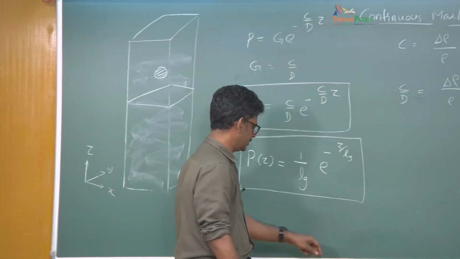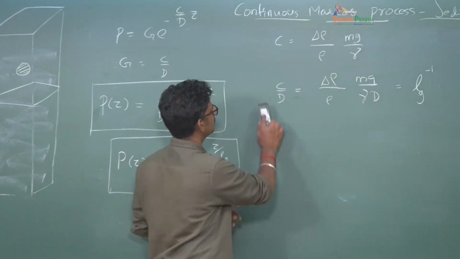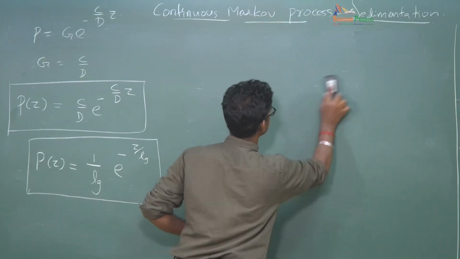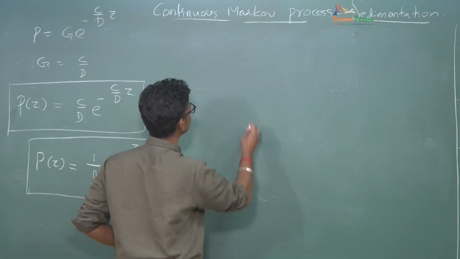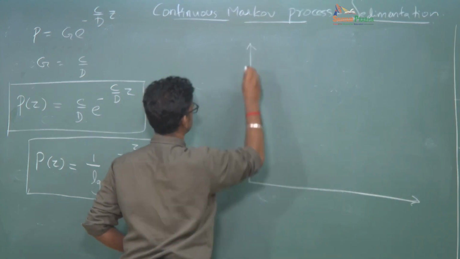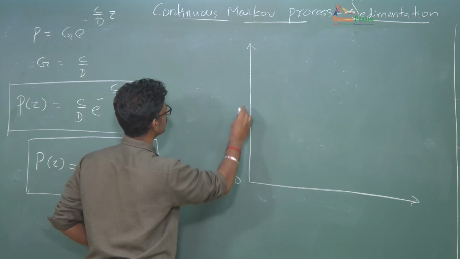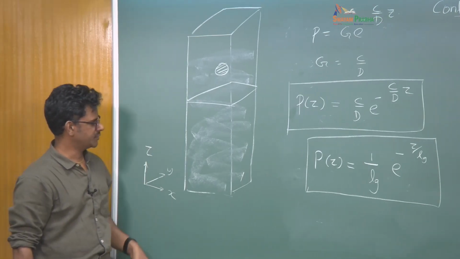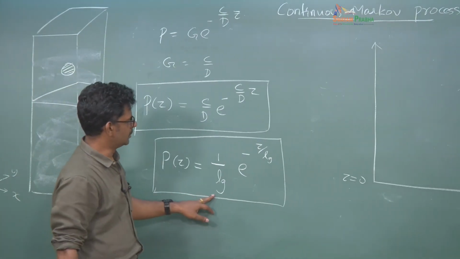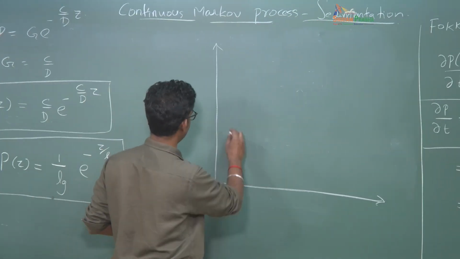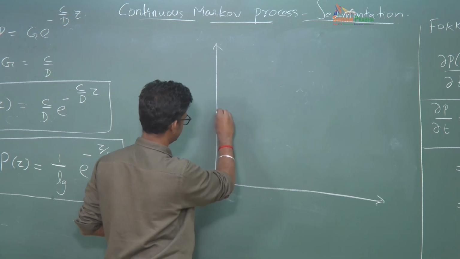So if you want to plot this, here I am looking at Z equals 0 and onwards, and you would expect this to follow some sort of an exponential distribution, right?